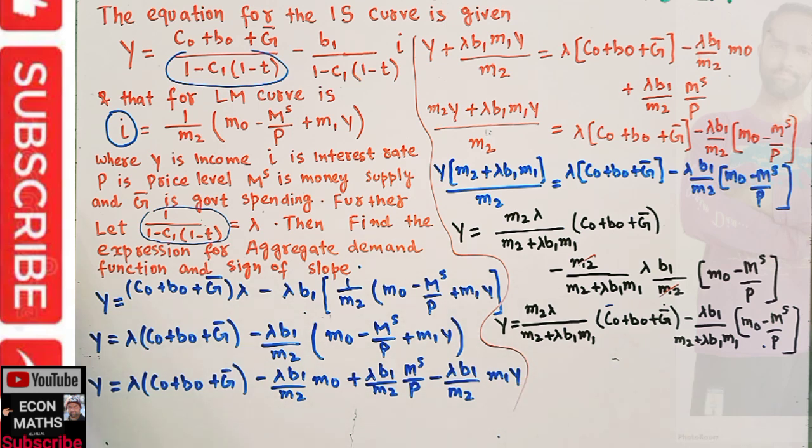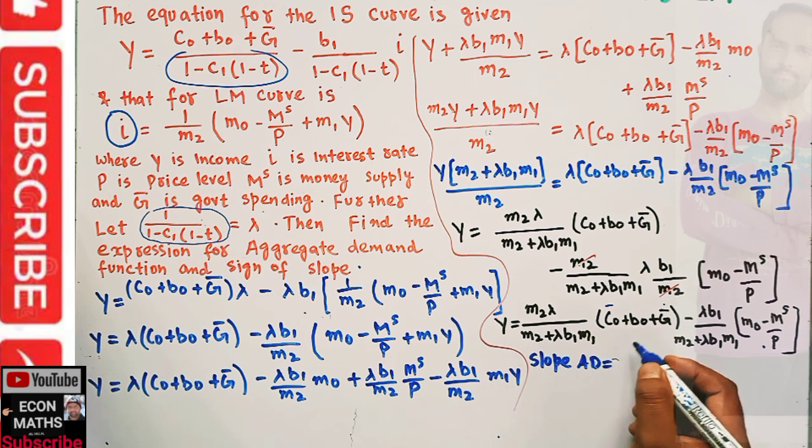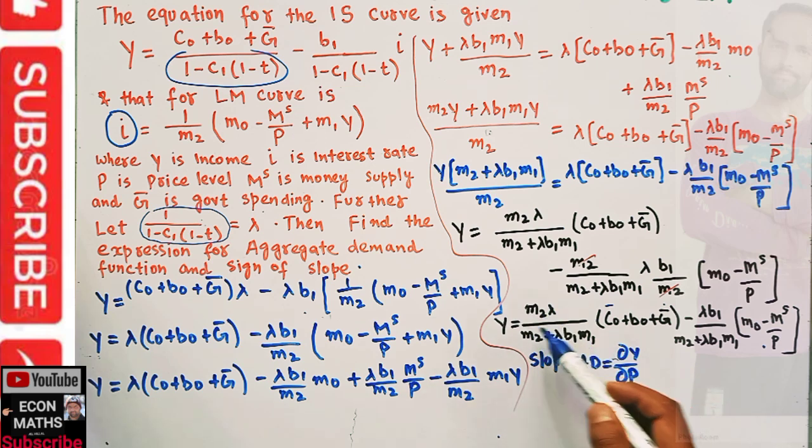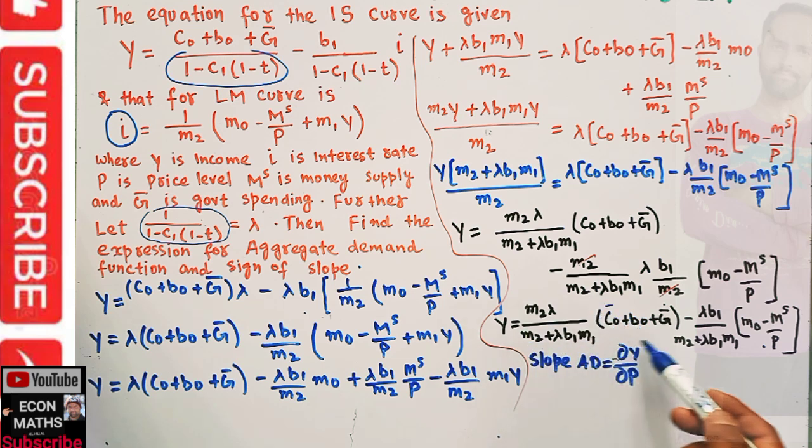And what will be the slope of the aggregate demand function? The slope of AD will be simply dy upon dp. We need to take the derivative of this aggregate demand expression with respect to price and see what the sign will be. In the first term we have no p, so its derivative will be equal to 0.